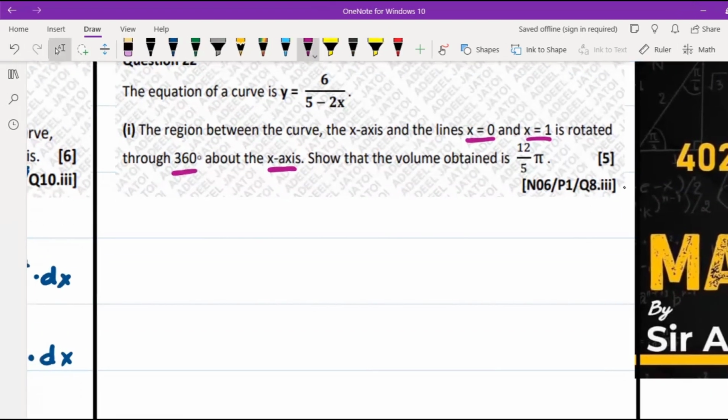So can we say that volume is equal to pi integration, upper limit, lower limit, y squared, because it is rotating about the x-axis.